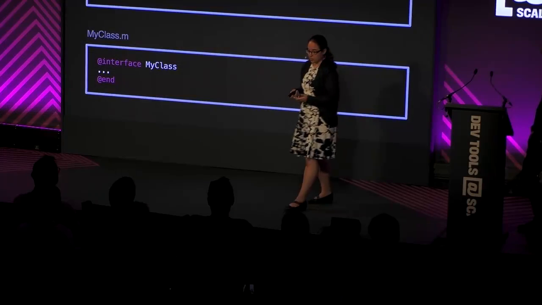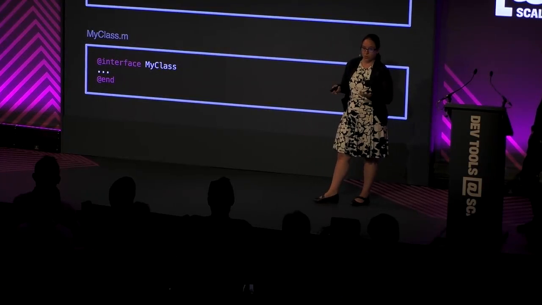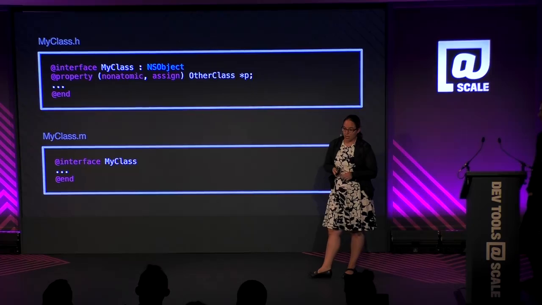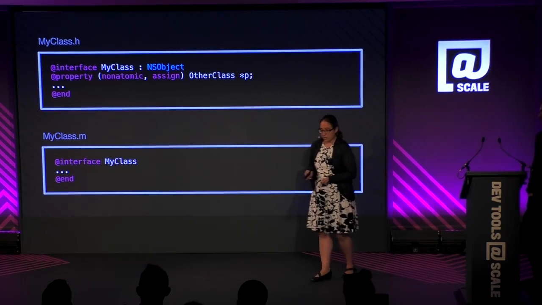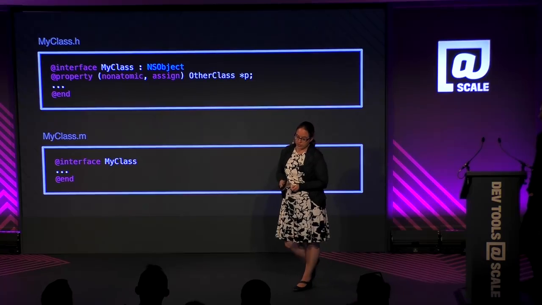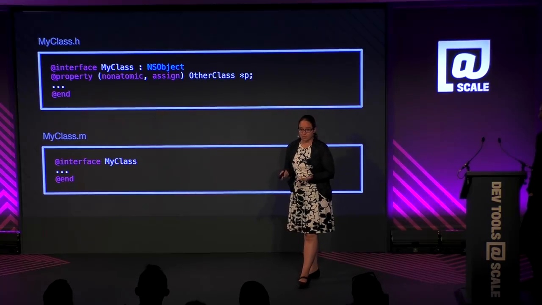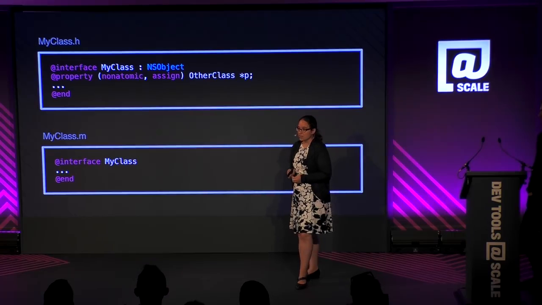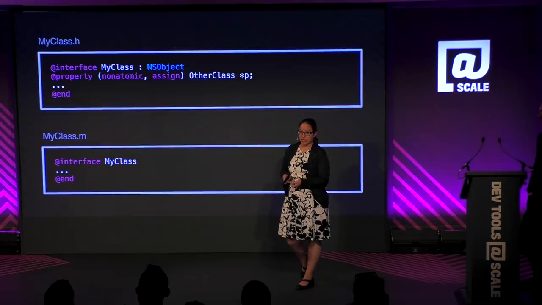So I'm going to show you an example of how one can write such a check. One of the checks I mentioned before, the assign pointer warning. So it is a class, MyClass in Objective-C, that has a property P of type pointer to other class, and it has this attribute assign. And so in general, we want to flag this, as you should actually have an attribute strong or weak, which is more memory safe.